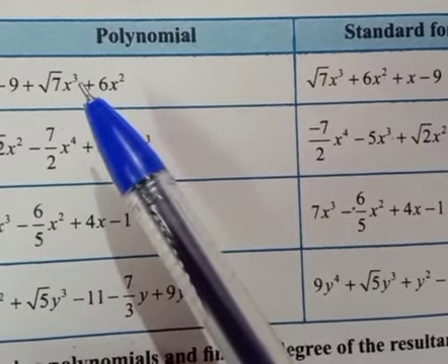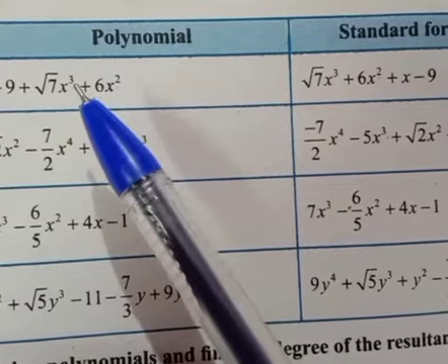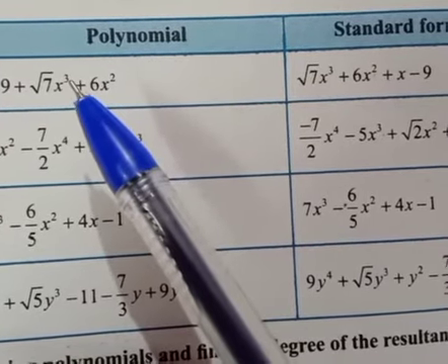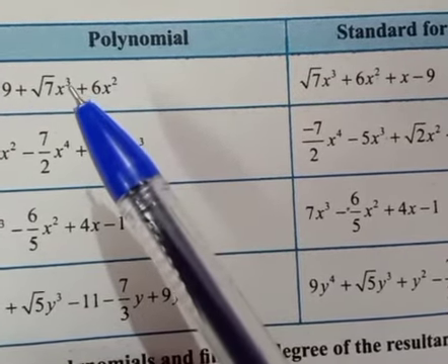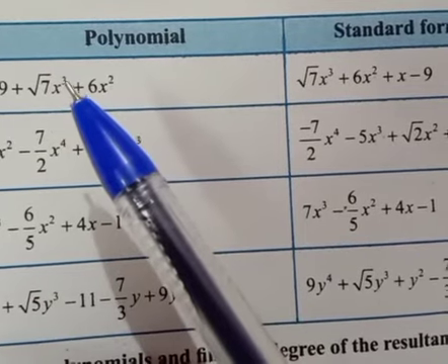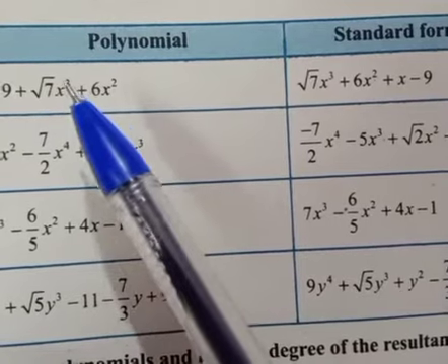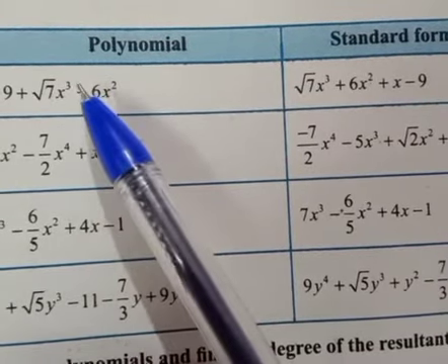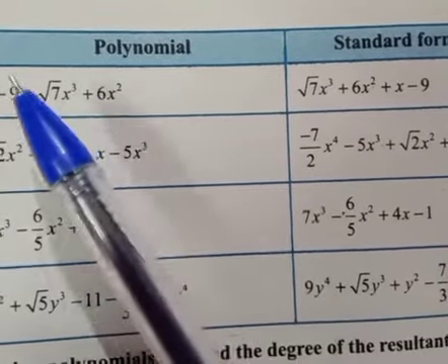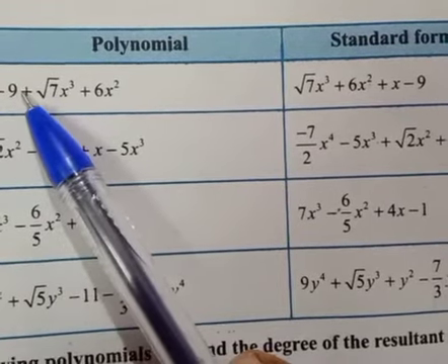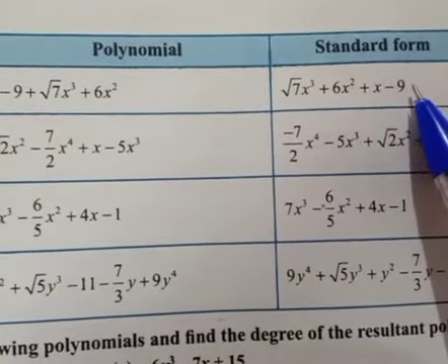Ascending order, we arrange the numbers from smallest to greatest. Descending order, arrange the numbers from greatest to smallest. For this, which is the highest power? 3. So root 7 x cube plus 6x square, then plus x minus 9. So it is the standard form.